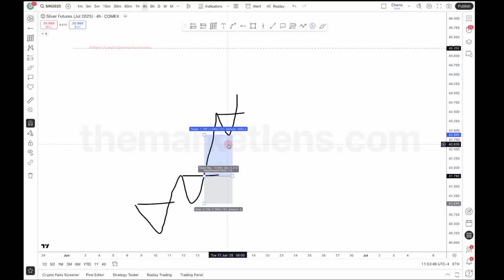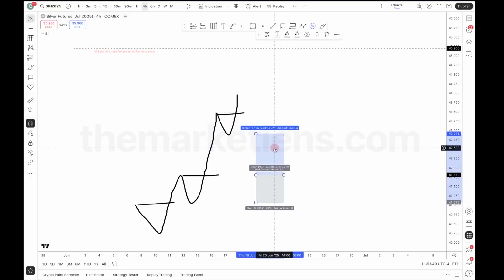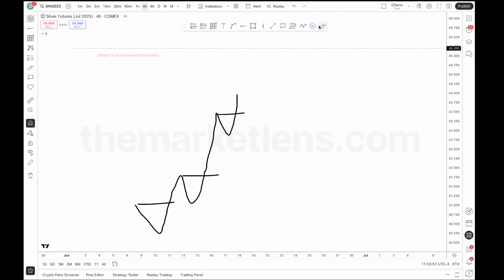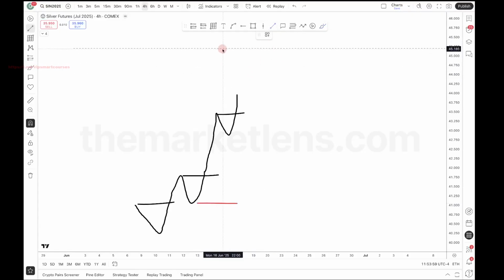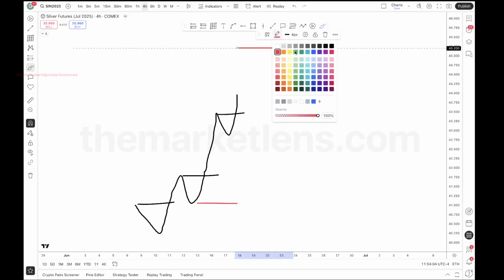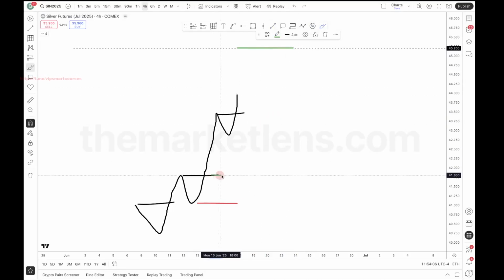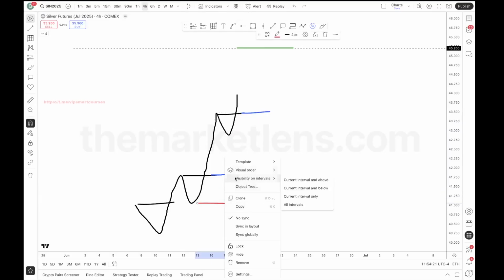Let's make it a different color: red for my stop loss, green for my TP, and blue for my entry. Alright, so here's my entry, right? And I will enter another position here, and my stop loss will go here.